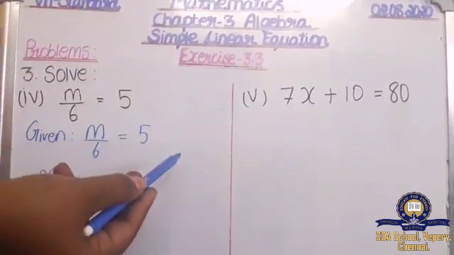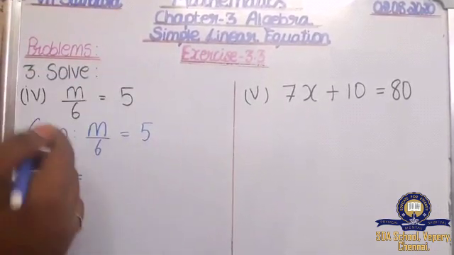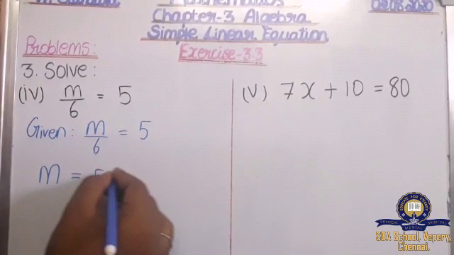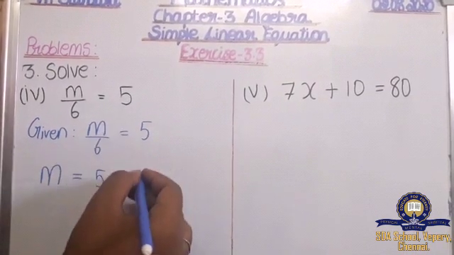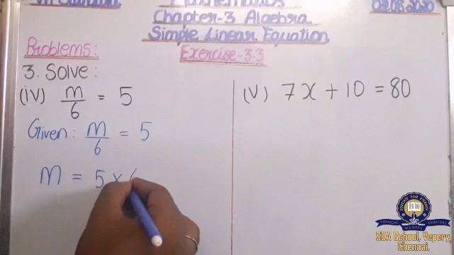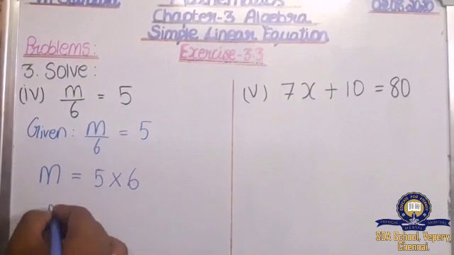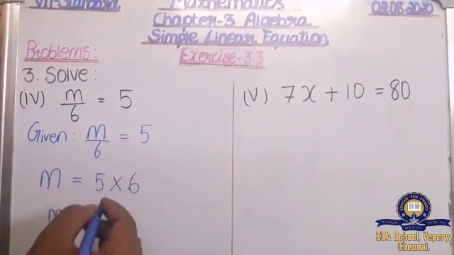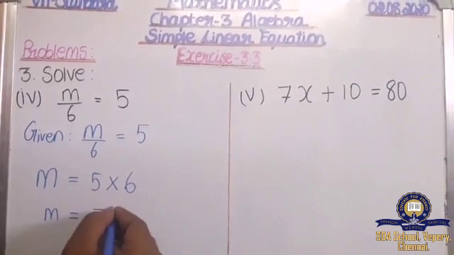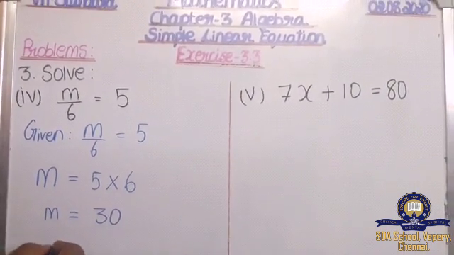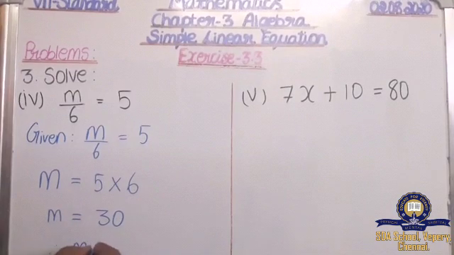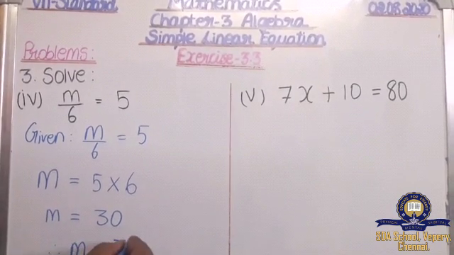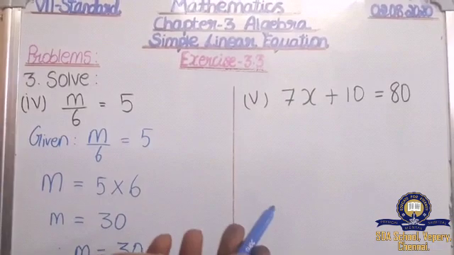When it goes to the other side, it will become multiplication. Therefore m is equal to 5 into 6. Now we need to multiply these two values. 5 sixes are 30. Therefore we find the unknown variable m is equal to 30.